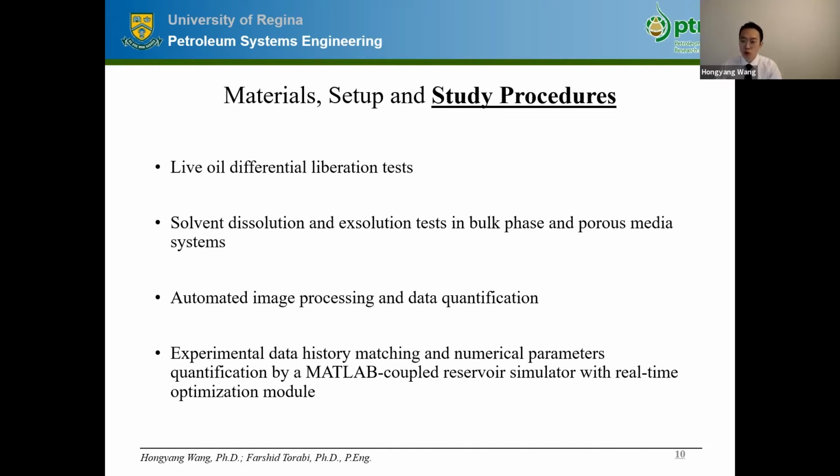And then we will do automatic image processing and data quantification from the achieved large photo sets. And also last, the experimental data will be history matched and relevant numerical parameters will be quantified by a MATLAB controlled reservoir simulator with a real-time optimization module.